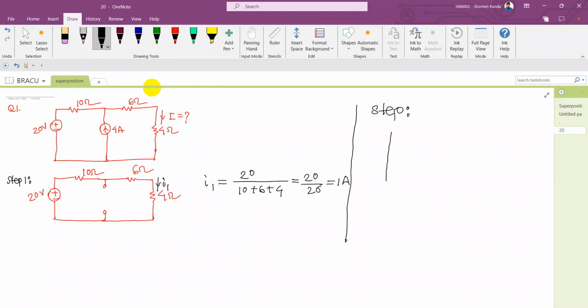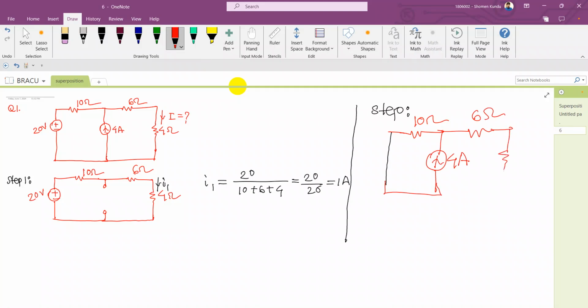So we first short the voltage source, then redraw the circuit. 10 ohm here, 4 ampere, here 6 ohm, here 4 ohm. Suppose the current contribution for 4 ampere is I2.